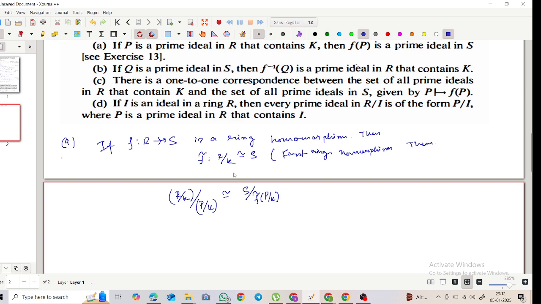Because this is a bijection. But what is this? This is R mod P. This is isomorphic to S mod f(P). Now see, what I try to say is that f tilde of P mod K is nothing but f(P). Okay.